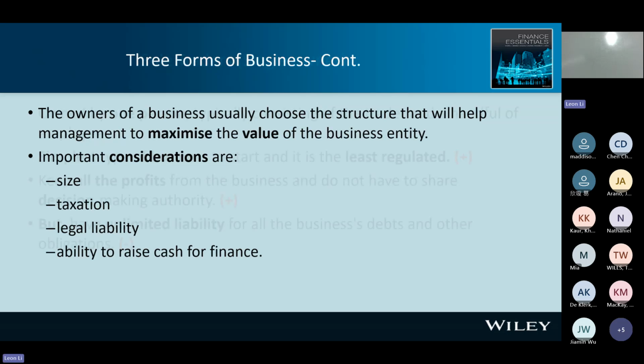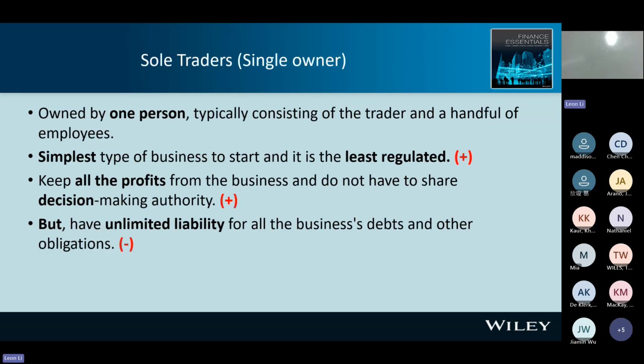So next, we discuss the single owner business first, right? So you can see it is owned by one person. And I use the plus symbol to represent advantage, all right? The negative symbol is the disadvantage, right?